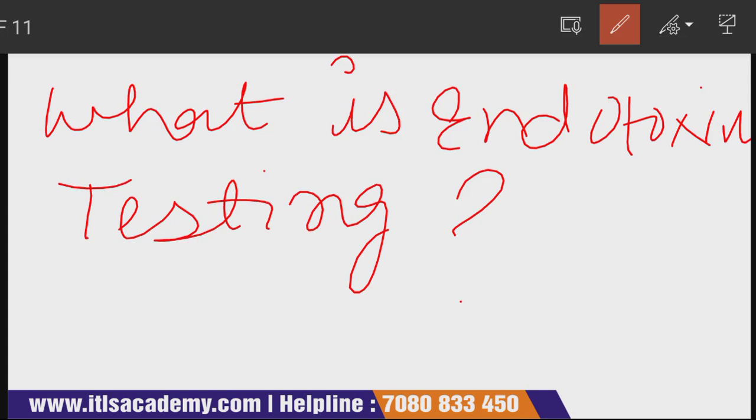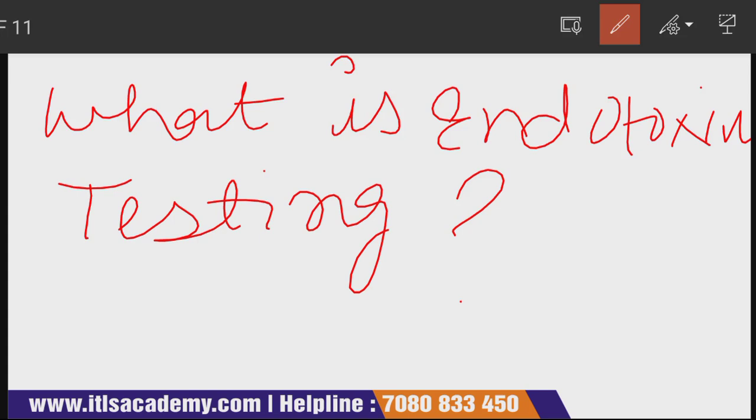There are other techniques also, like lysate from the blood cells of a horseshoe crab, to detect the presence of bacterial contamination in the product. Or there is the recombinant cascade reagent, RCR, which is another type of method. And of course, the most frequently used is LAL, that is Limulus Amoebocyte Lysate.